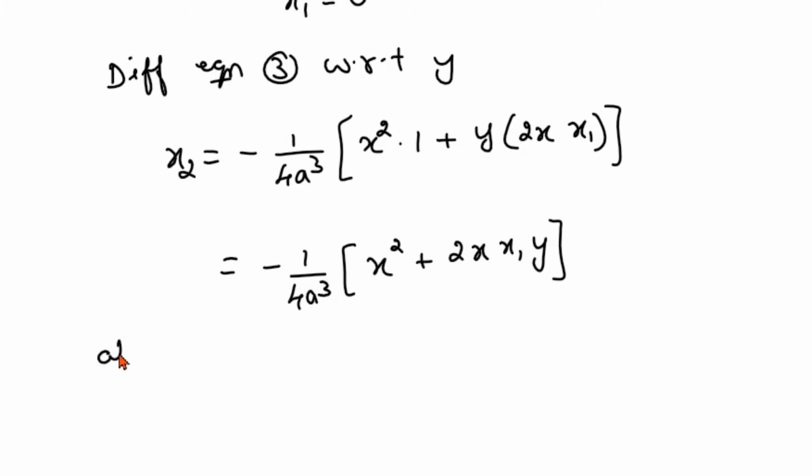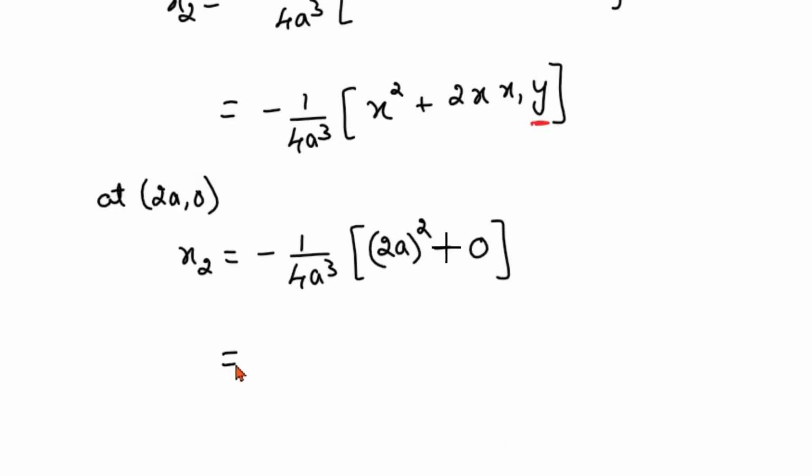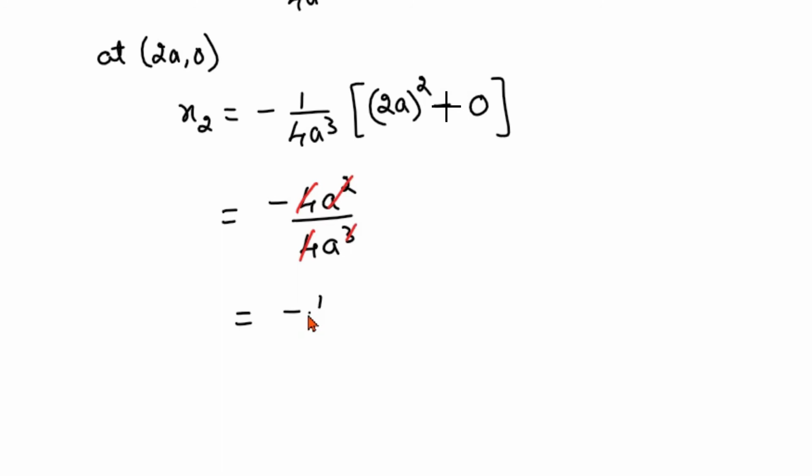At the point (2a, 0), let us find the value of x2. x2 will be minus 1 by 4a cubed, with x being 2a, so (2a) squared plus, since y is 0 here, 0 into anything is 0 itself. Therefore we get minus of 4a squared divided by 4a cubed. You can cancel out the 4 and 4, the a squared will also cancel out, and one a will be left. Therefore we get the value minus 1 by a.